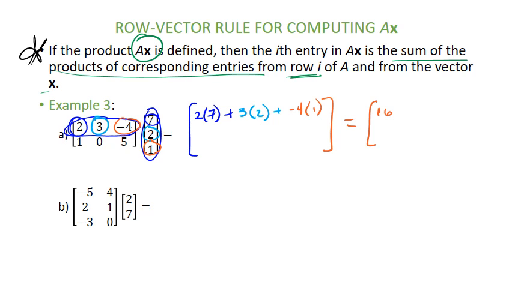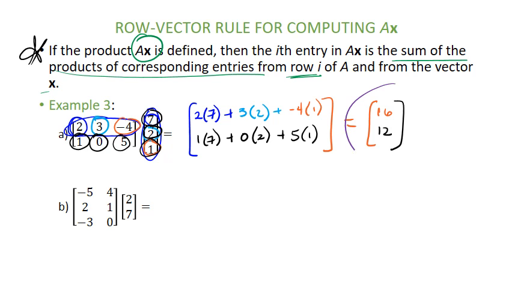Similarly, using the next row, same column, if you take the first entry times the first entry, plus the second entry times the second entry, plus the third entry times the third entry, you will end up getting 12. This matrix is the exact same thing that we got in example 1, just a different method.